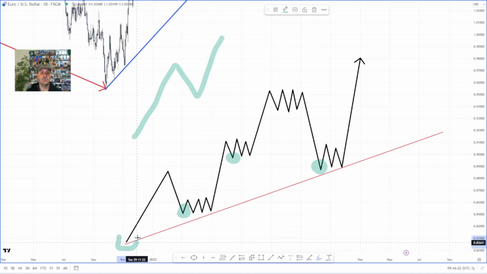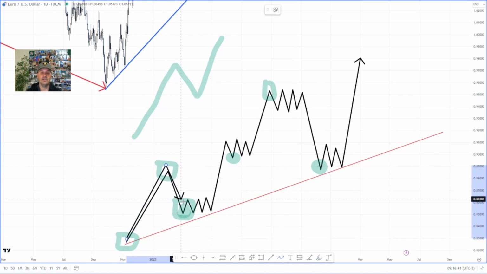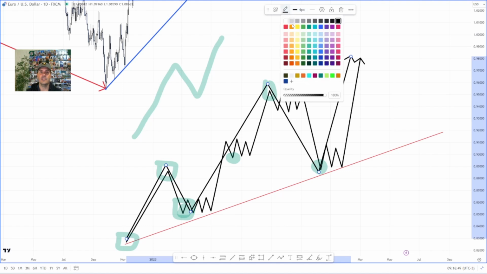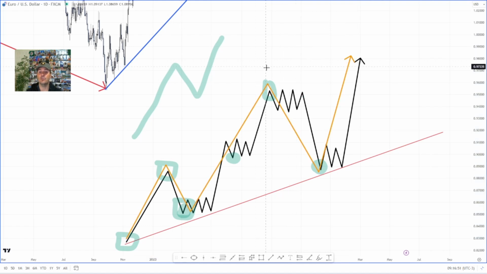So if this is going to be the relevant low, and this is going to be the relevant high, then this must be the relevant low, and not this one, but this must be the relevant high, agreed? Because of this low here on the right. So low to high, high to low, low to high, high to low, and low to high. And now you have a trend, right? The orange one. And in between, as you can see, there are different types of consolidation.